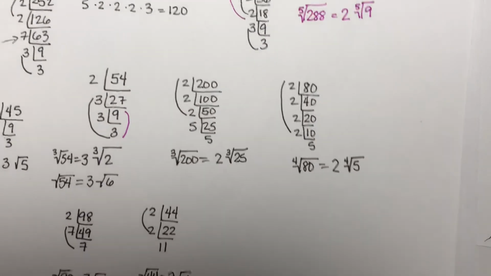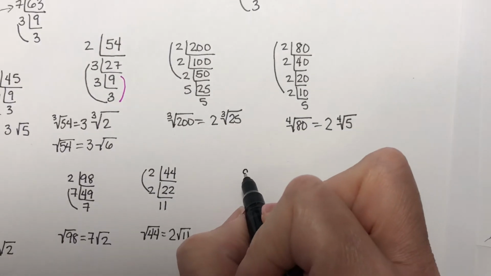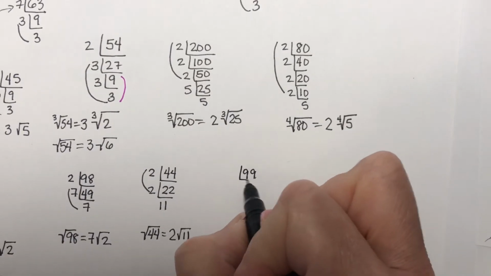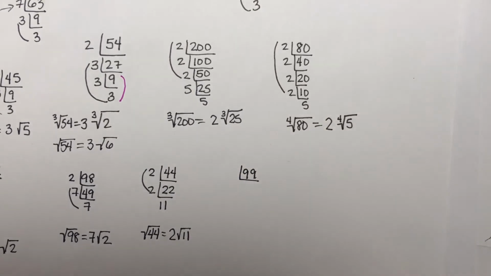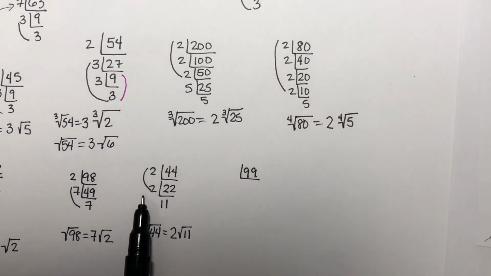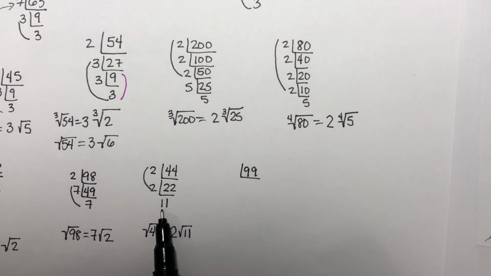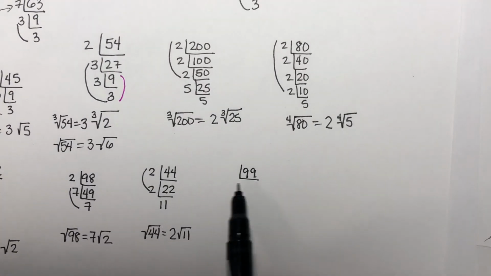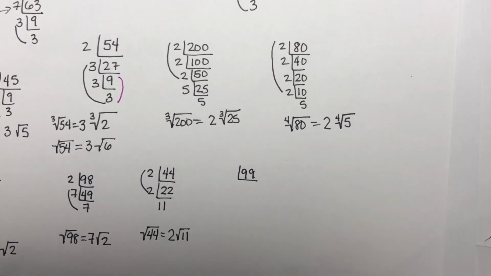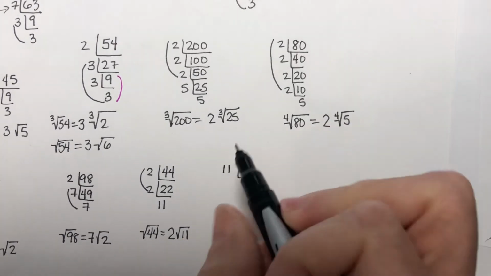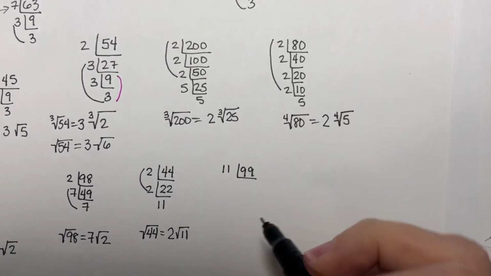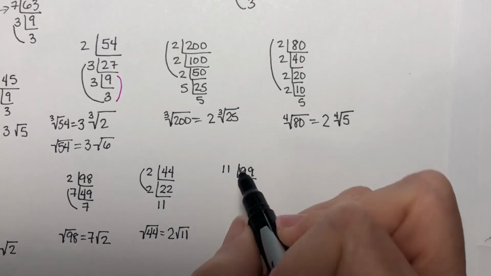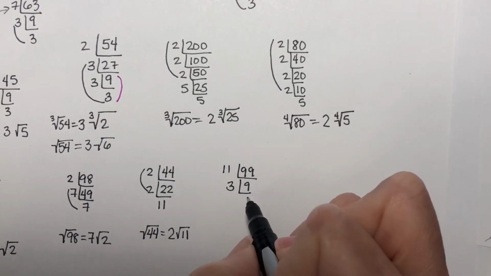99 is also not anywhere on here, so let's do a prime factorization of 99. I started off with 2 before, but I could very easily have started off with 11. 11 is an easy one to see if something's divisible by, especially with a 2-digit number. I know this is divisible by 11 because it's a 9 and a 9. If I divide by 11, I get a 9, which is 3 times 3.